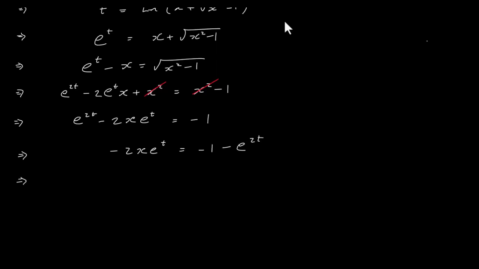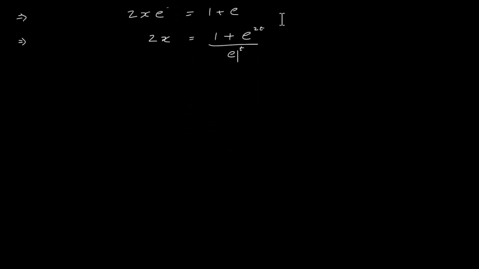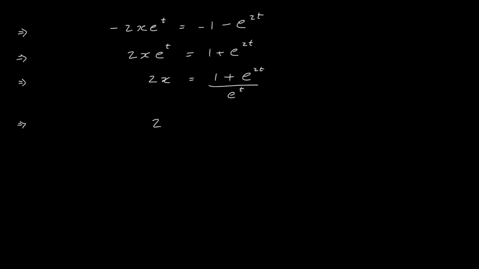Let's just get rid of all those minuses. 2x e to the power of t is equal to 1 plus e to the power of 2t. Next thing I'm going to do is just divide by e to the power of t. We've got 2x here is 1 plus e to the power of 2t divided by e to the power of t. Now let's just do that. If we divide in the e to the power of t, we'll get 1 divided by e to the power of t, which is just e to the power of minus t.